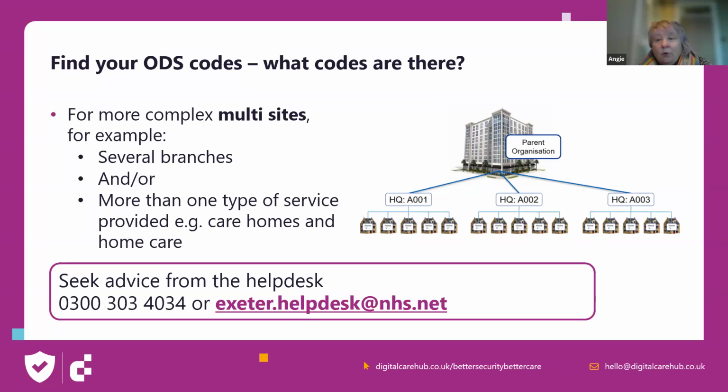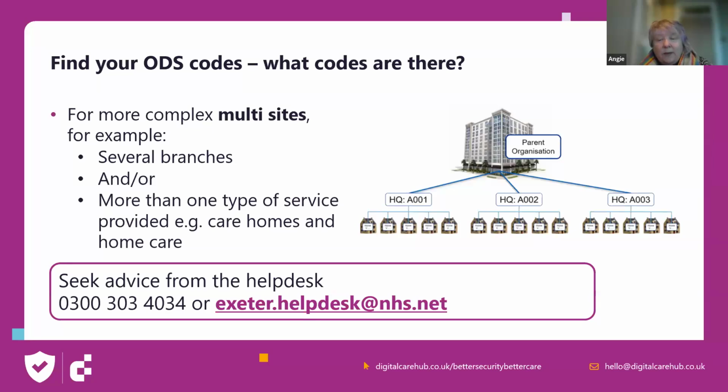You'll need to complete more than one toolkit entry and you'll need to seek advice on that. You may have several head office codes for different parts of the business, e.g. if different types of services are offered, or they may have different CQC registrations, or if you have different legal entities, even if there are similar types of services due to acquisitions of other businesses. So it can get a bit complicated.